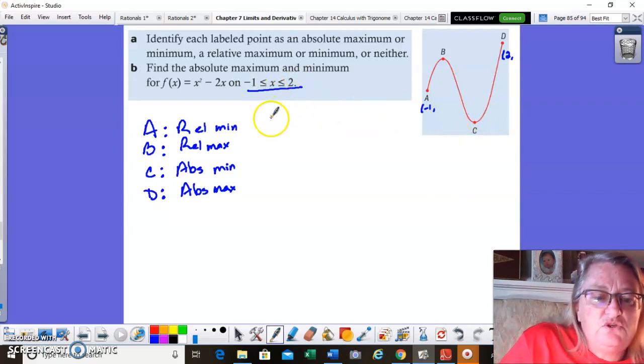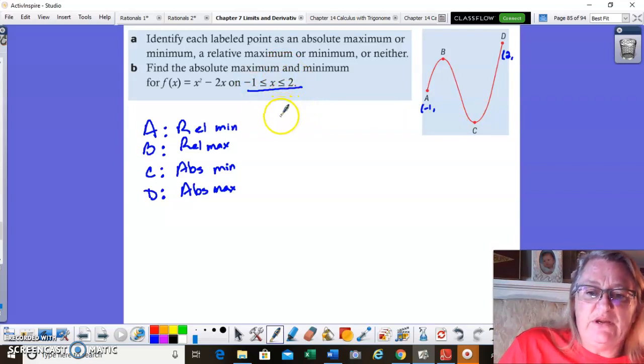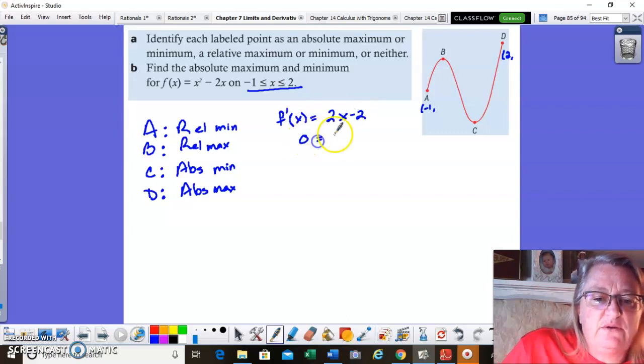Okay, so let's go ahead and look at the first derivative, because when the first derivative equals 0, we know we've got a minimum. So when the first derivative is found, you're getting 2x minus 2. We'll set that equal to 0, 2x minus 2. So 2 equals 2x, so that means x equals 1.